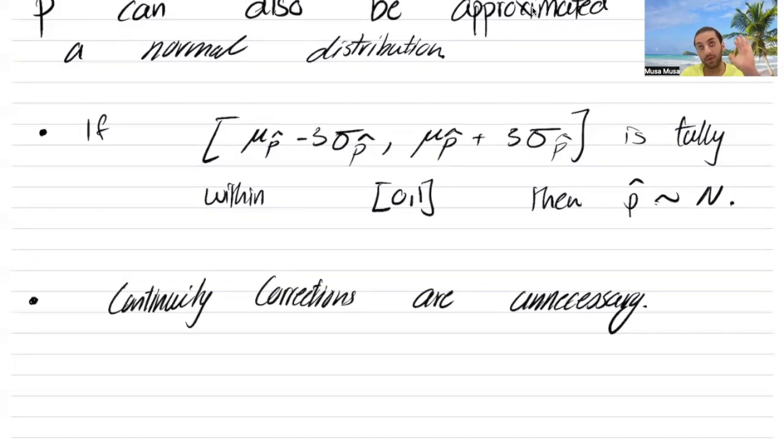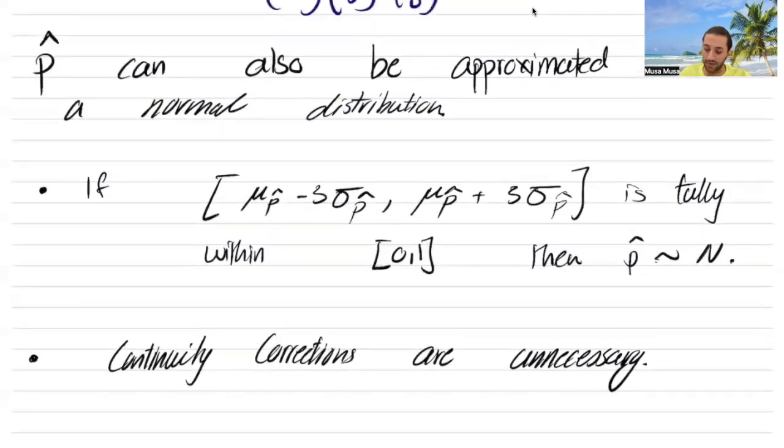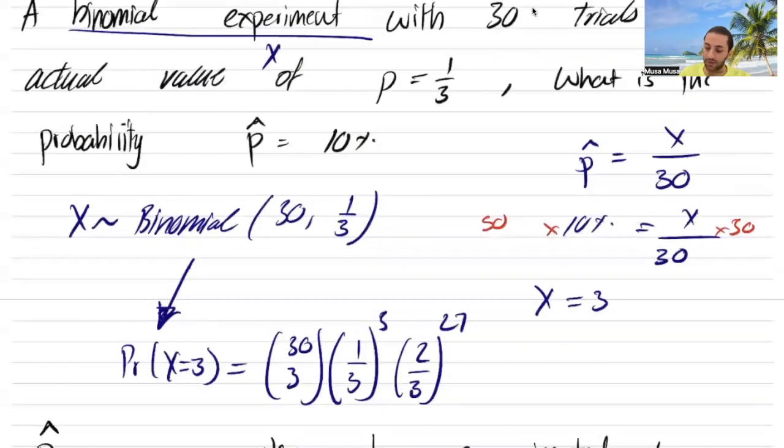The reason is because even though X is a binomial distribution and it's discrete, the sample proportion is no longer really discrete, because if X equaled 7, for example, in this case, 7 over 30 is a recurring decimal.